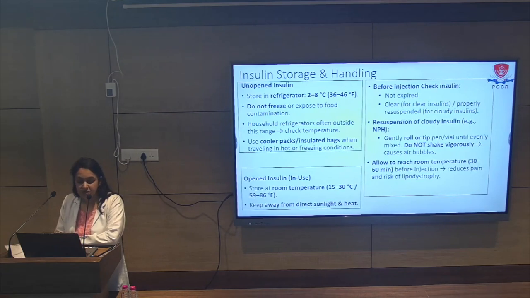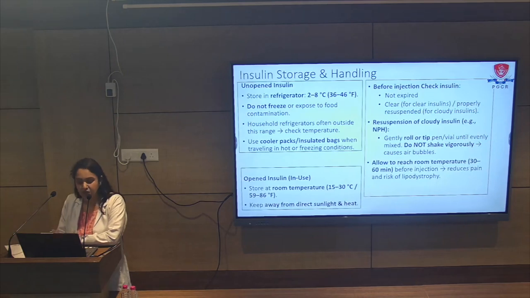If the vial is opened or in use, we store it at room temperature and keep it away from direct sunlight and heat. Before injection, we check that insulin is not expired and it is clear for clear insulins and properly resuspended for cloudy insulins. Resuspension of cloudy insulin: gently roll or tip the pen or vial until evenly mixed.